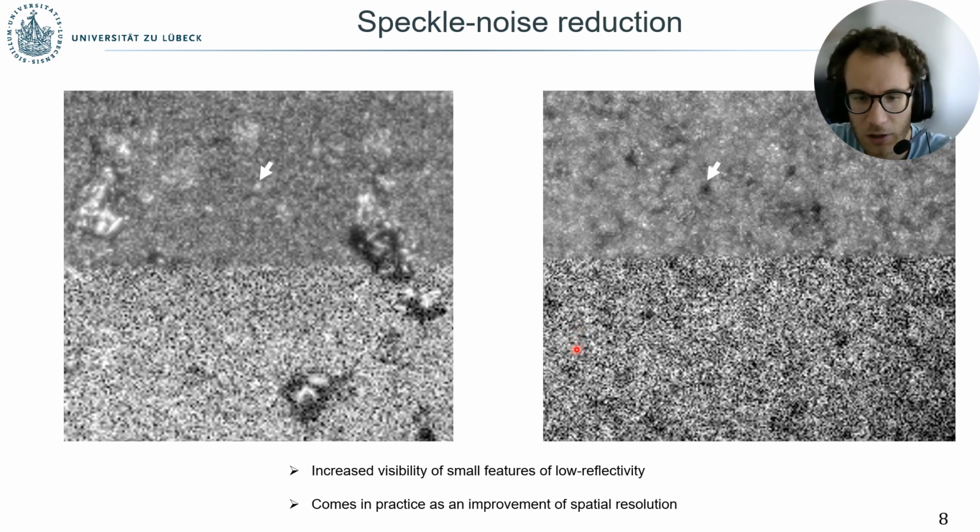So here there is no increase of the resolution in practice, but because you would get rid of speckle noise by applying a smoothing of the image, you would lose resolution. So by not having to apply this smoothing, you still have a gain in resolution in a way.